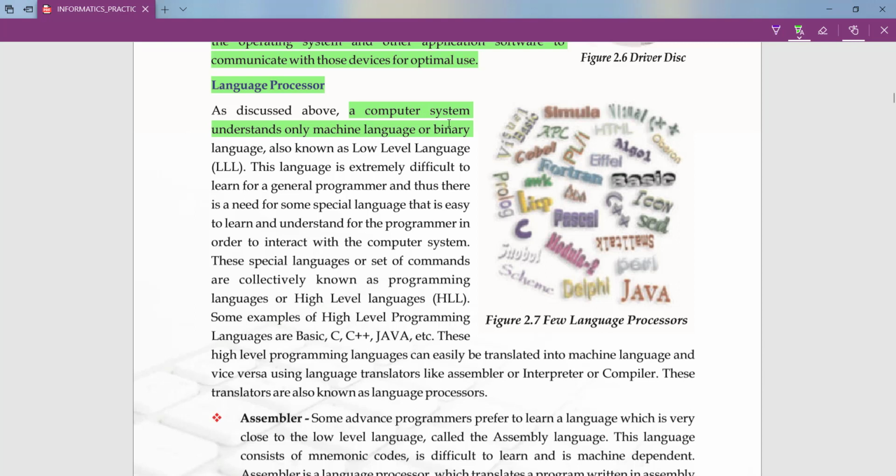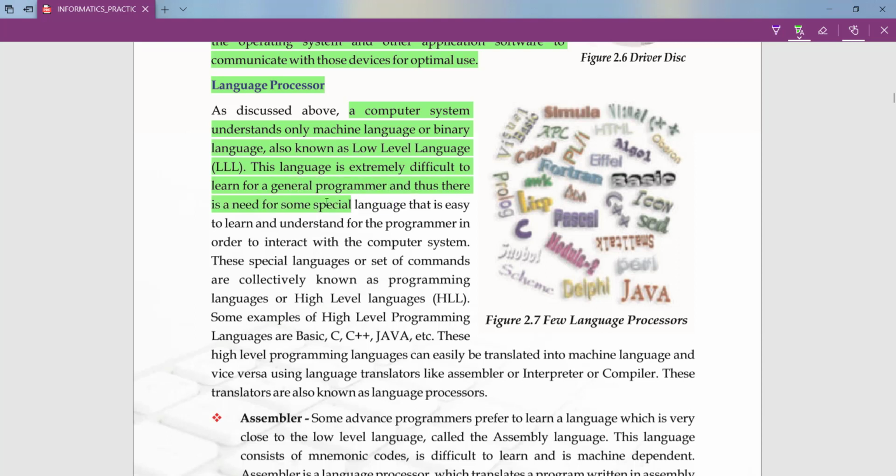A computer system understands only the machine language or binary language, known as low level language. This language is extremely difficult to learn for a general programmer.